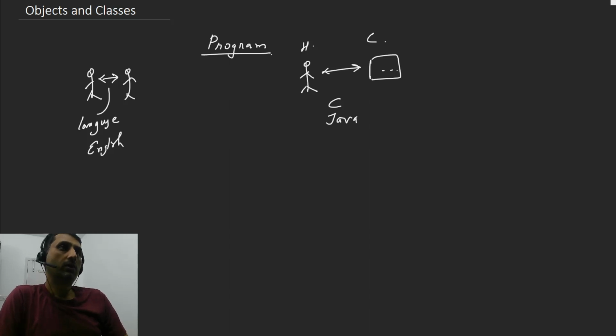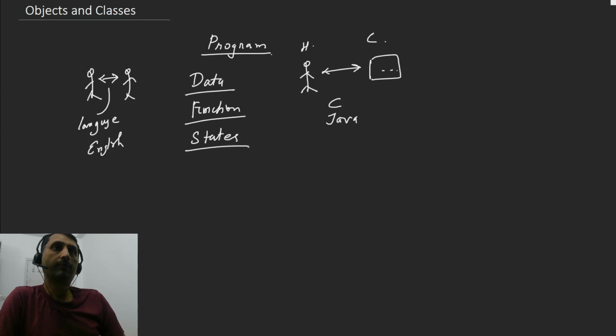In a program there can be many things, like there can be data in a program, then there can be functions. We'll come to know what all these are. Then there can be various states in a program. So basically the three aspects are: the data is the information that is passed from the human to the computer and back from the computer to the human.